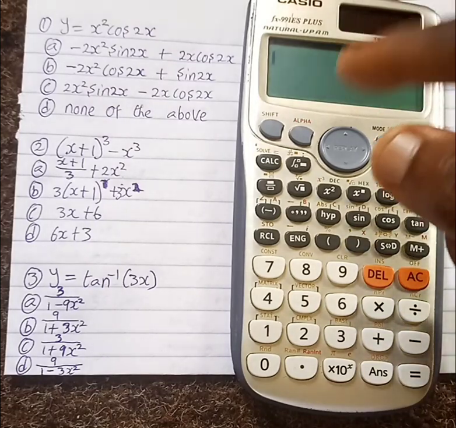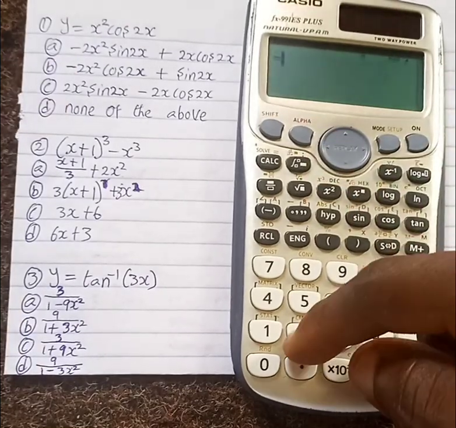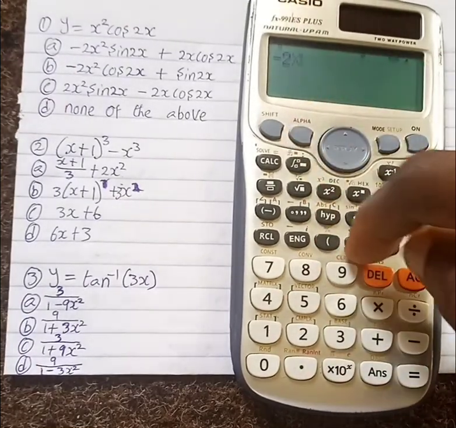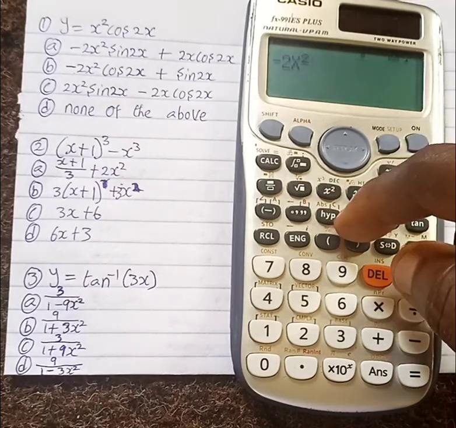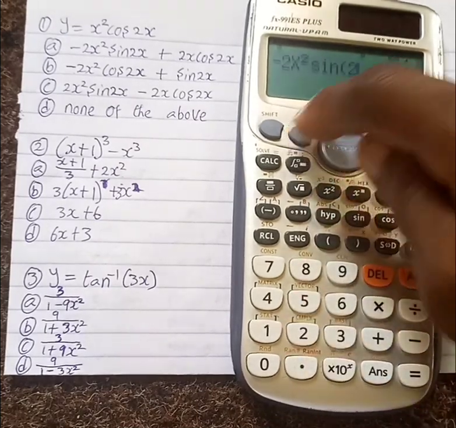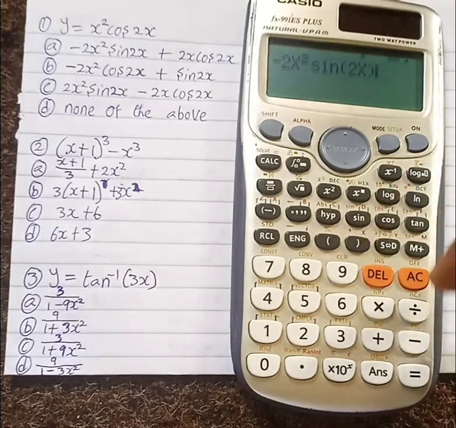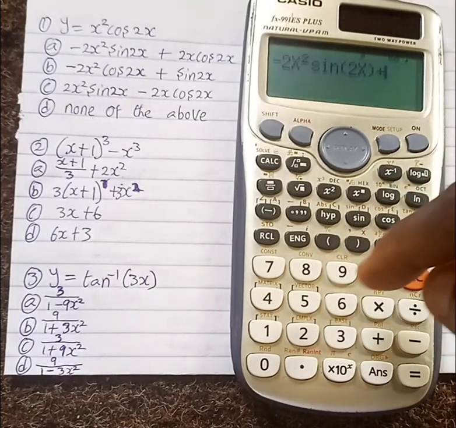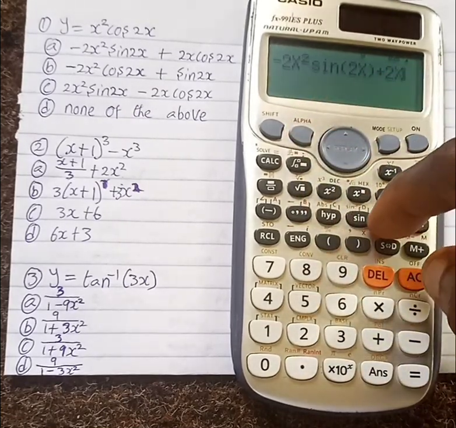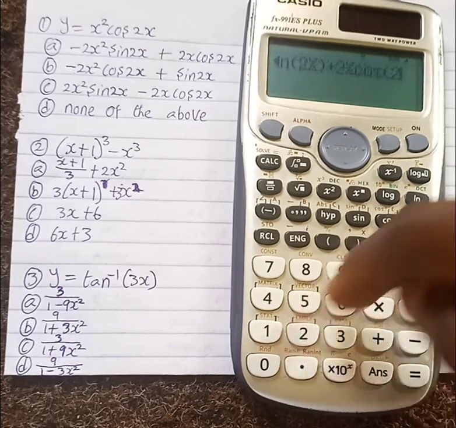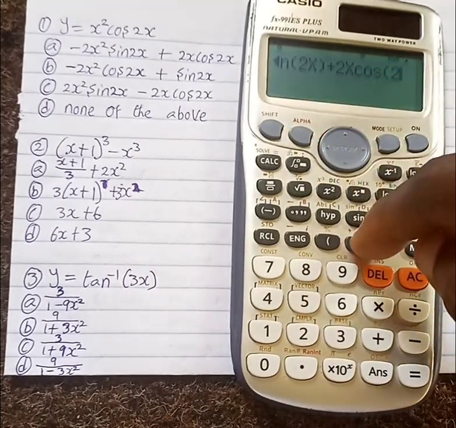So now how do we do it? Option A is minus 2x squared sine 2 alpha x, plus 2x cos 2x.